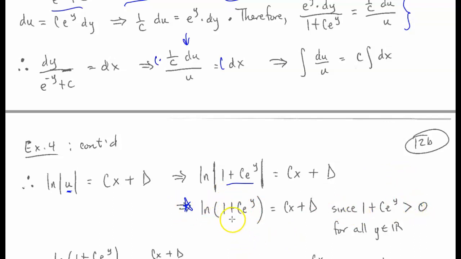And that's just because we know that the domain of a natural log function, no matter what we plug in here, in order for it to be defined, it has to be positive. Okay, so we can drop those absolute value signs there.